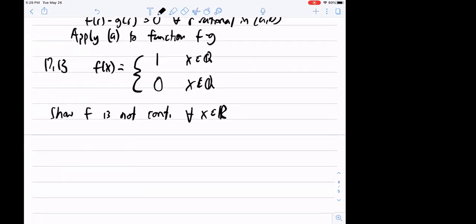Again, you should separate this into cases: let's show it's not continuous on rationals, and then let's show it's not continuous on irrationals.